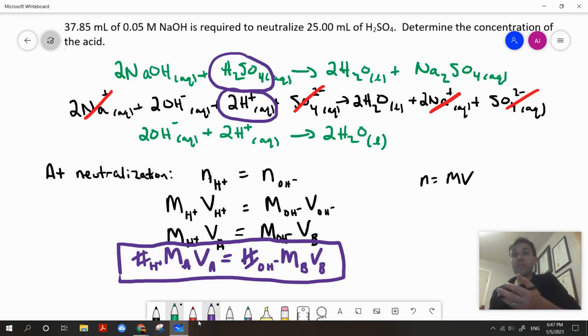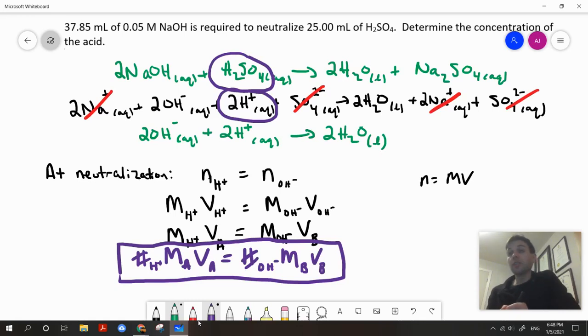In order to solve this problem, we need to know the identity or the formula of the acid and the base, because we need to know the number of hydrogen ions and hydroxide ions in those formulas. And as long as we know 3 of the other 4 quantities, we can solve for our unknown. And the unknown in acid-base neutralizations is almost always concentration. We want to know the concentration of an unknown acid or base.